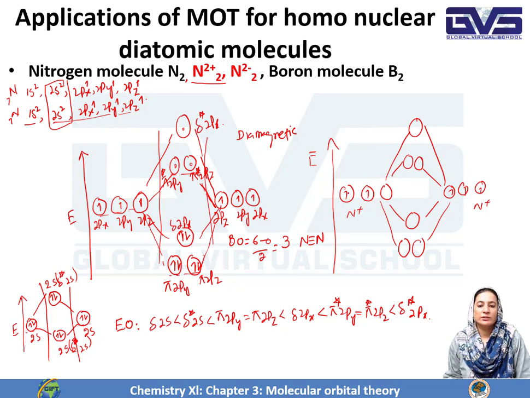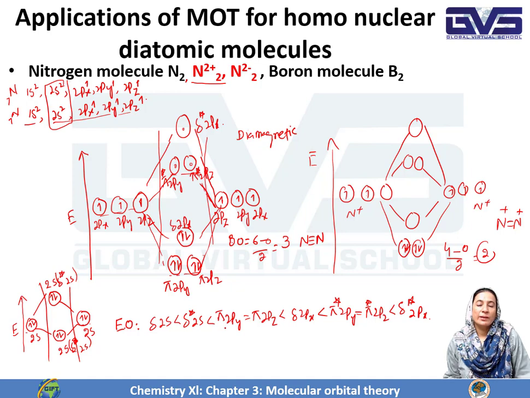Now fill the electrons, 1 2 3 4. What will be the bond order? 1 2 3 4, 4 minus 0 divided by 2, so the answer is 2. So when nitrogen and nitrogen have 2 positive, they have 2 bonds between them.